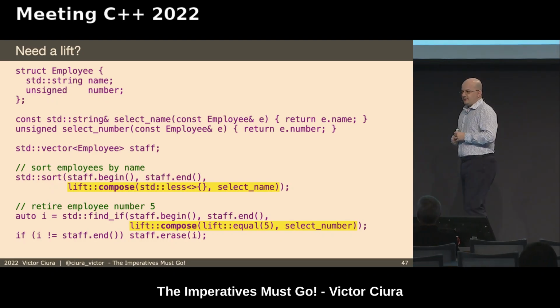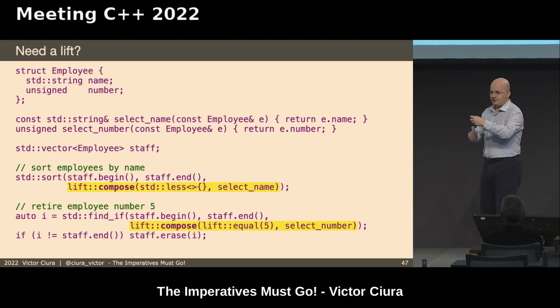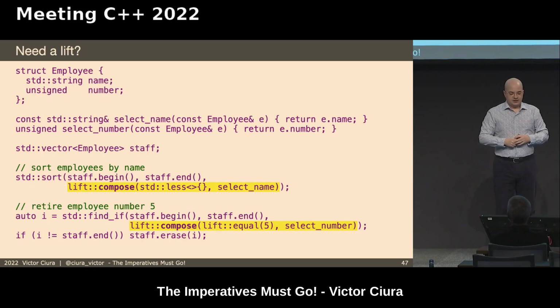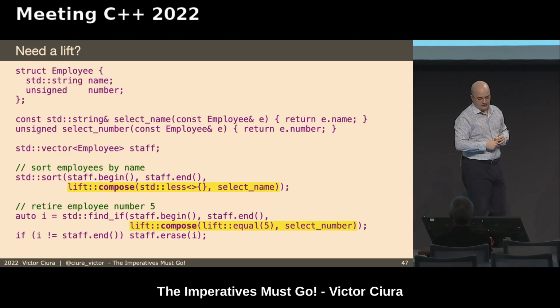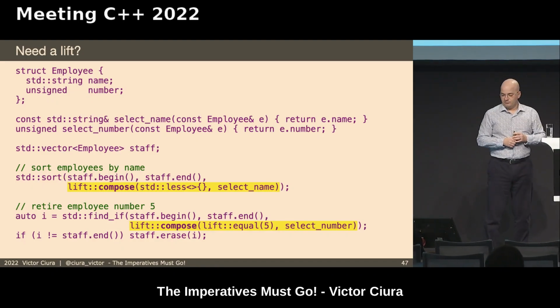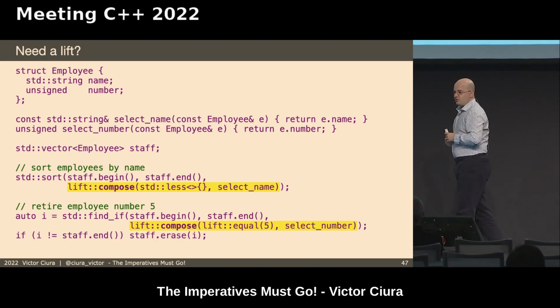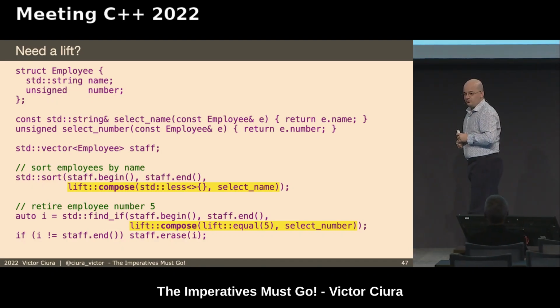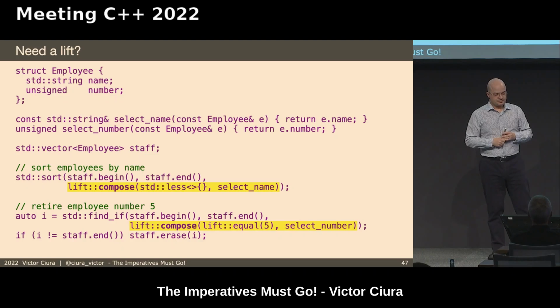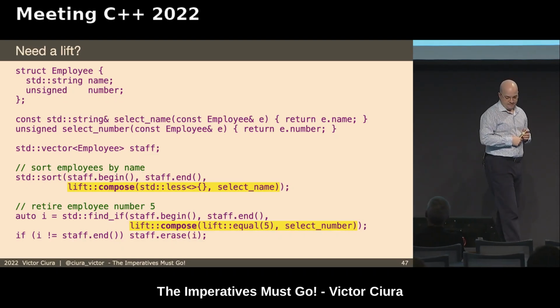So instead of being very explicit about it and just sticking a lambda there and doing the usual thing, I have to showcase the way we can compose things. So we're composing the less function and select name, and we're providing this as a higher-order function for the sort algorithm. Don't worry about the compose details later.